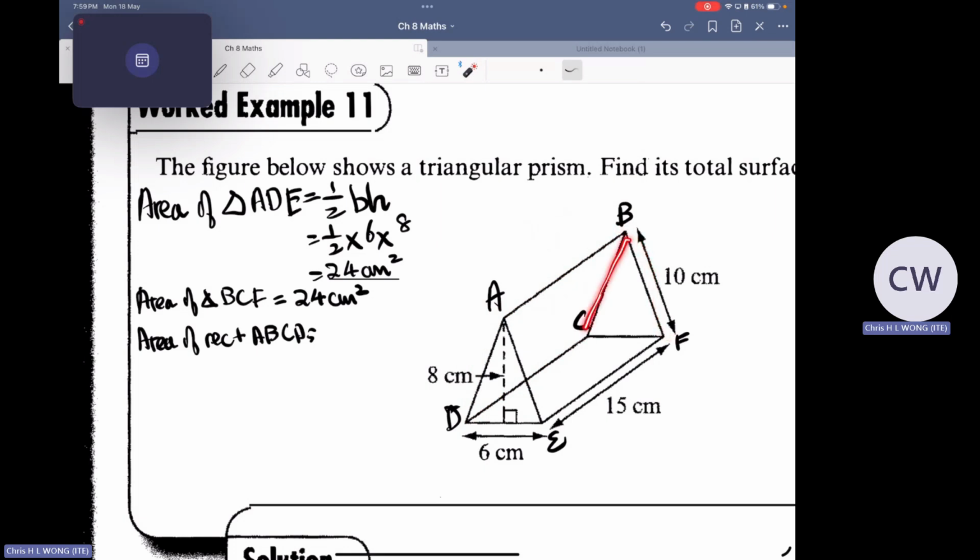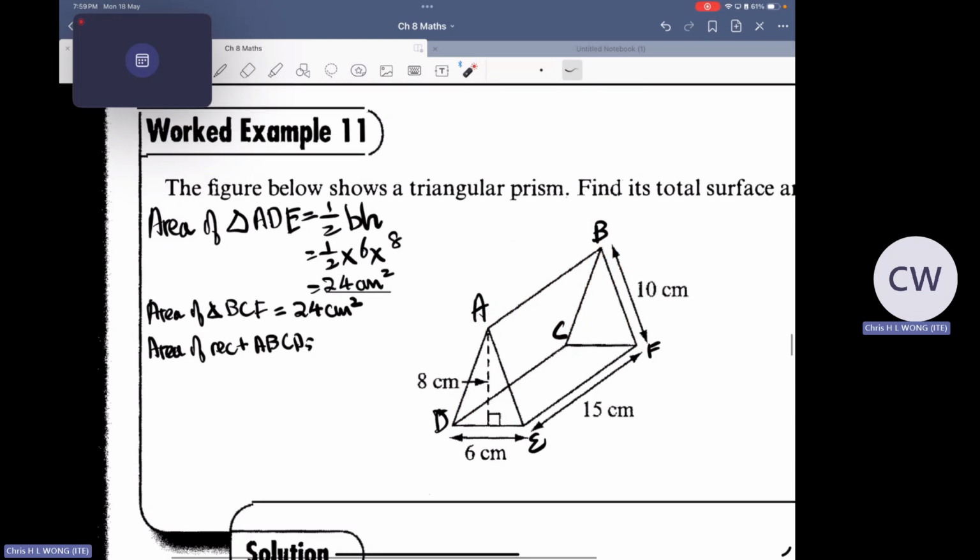I believe this is 10, but they didn't say. If they don't say, you can't find this length if they don't tell you. I believe they made a mistake. They forgot to tell you this and this is the same. So this is 10. This is also 10. Is that okay? Or else you can't find it. So ABCD equals, what's the length? 15.